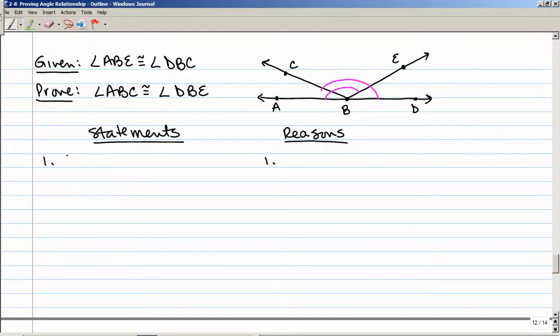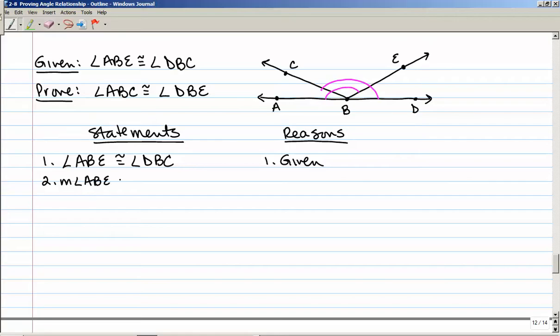Okay, start with our given. Angle ABE is congruent to angle DBC. Okay, and what I'm noticing is that both of those larger angles contain this one in the middle, a little smaller one in the middle. I'm thinking I'm going to need to use the angle addition postulate. And in order to do that, I'm going to need to turn this into an equal sign.